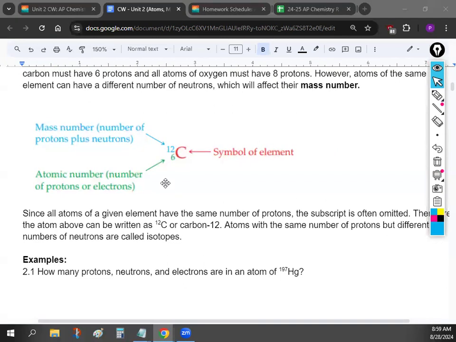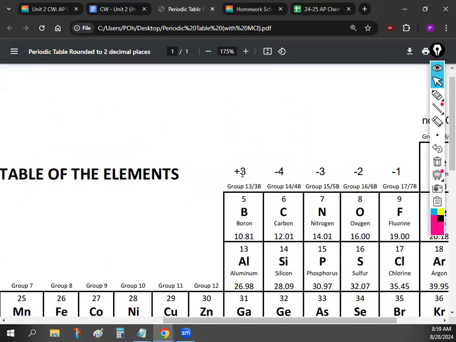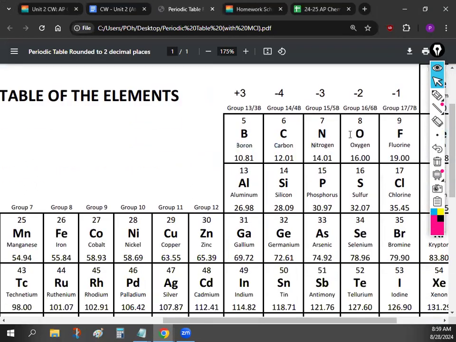Okay, so the way that chemists communicate what kind of atom they're talking about, they try to use 2 numbers and a symbol, okay? So let's start with the symbol because I think that's the easiest one. So the symbol is basically the symbol of the element, right? So if you see C, that's going to be carbon. If you're talking about another element like nitrogen, you just put N. If you do oxygen, it's O, et cetera, et cetera.